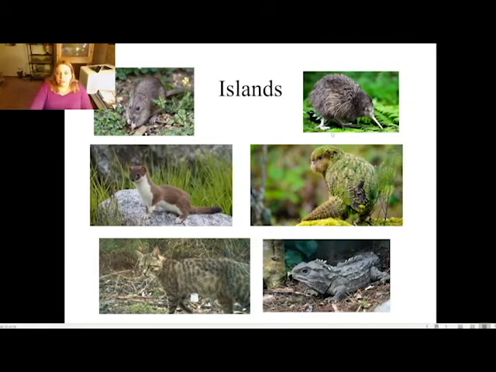Another species that's become quite impacted by these invasives are kiwis, another ground-dwelling flightless bird. They went from 12 million individuals to only 70,000 with the introduction of these species.